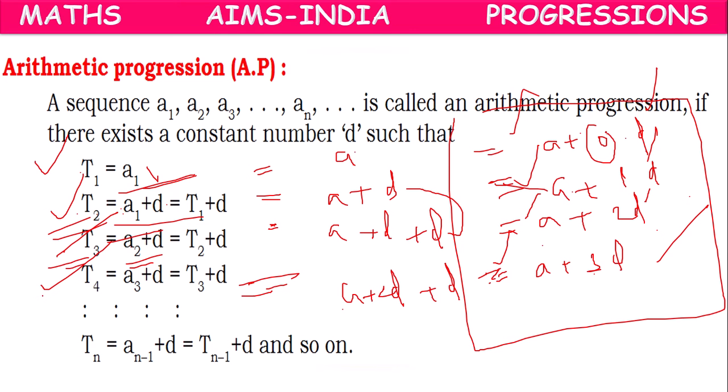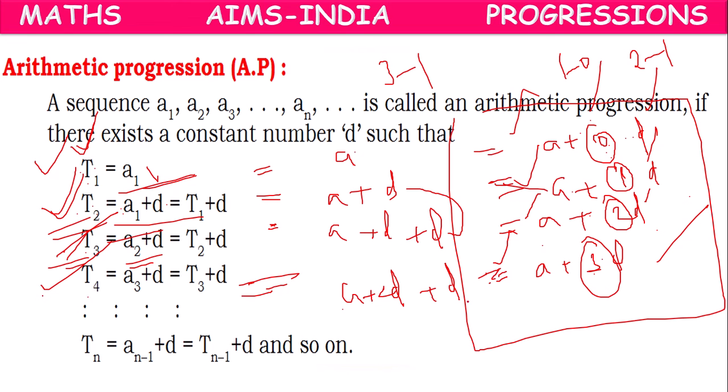We can observe change only in the coefficient, the number before D. If we are finding the first term, the number in front of D is 0, that is 1 minus 1. For the second term it is 1, that is 2 minus 1. For the third term it is 3 minus 1, 2. For the fourth term, 4 minus 1, 3. So the number before D is 1 less than the term number.